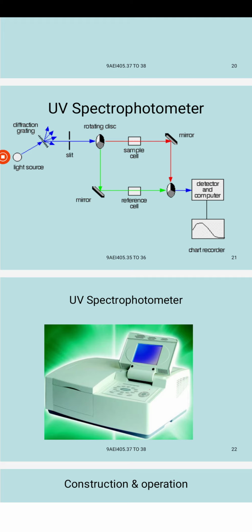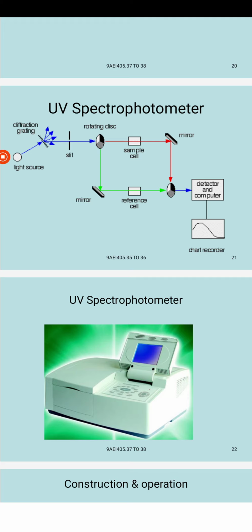The entrance slit gives a narrow band of radiant energy, and the rotating disc splits this radiant energy into dual beams. One beam is passing onto the reference cell, another beam is passing onto the sample cell. After the energies pass through the sample and reference cells, they are focused onto the detector.